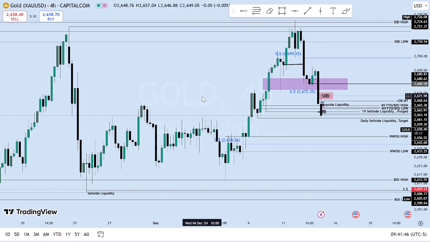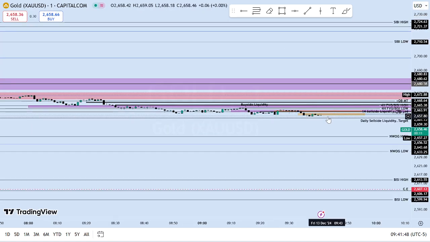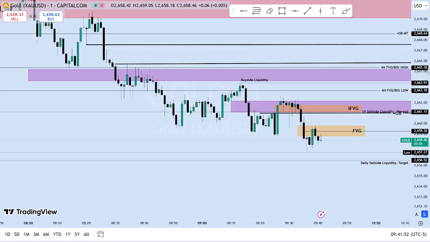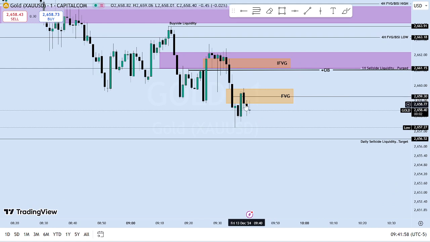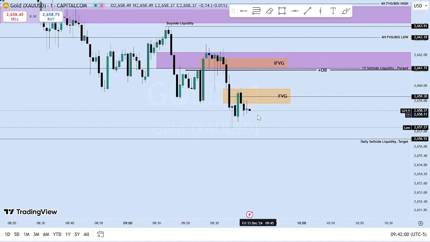New week opening gap. Trading outside the fair value gap. A rejection candle inside the fair value gap this week. It's a rejection block. The price is selling, it's coming. Rejected it. So price is going to come and take this.